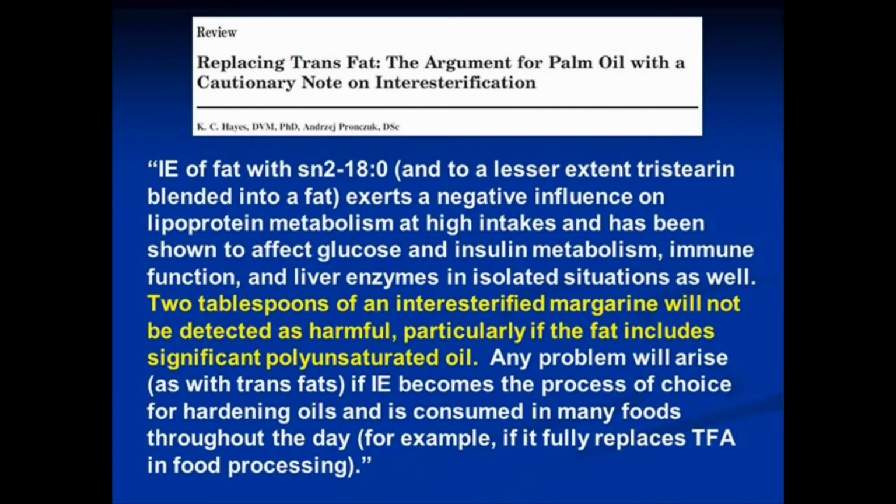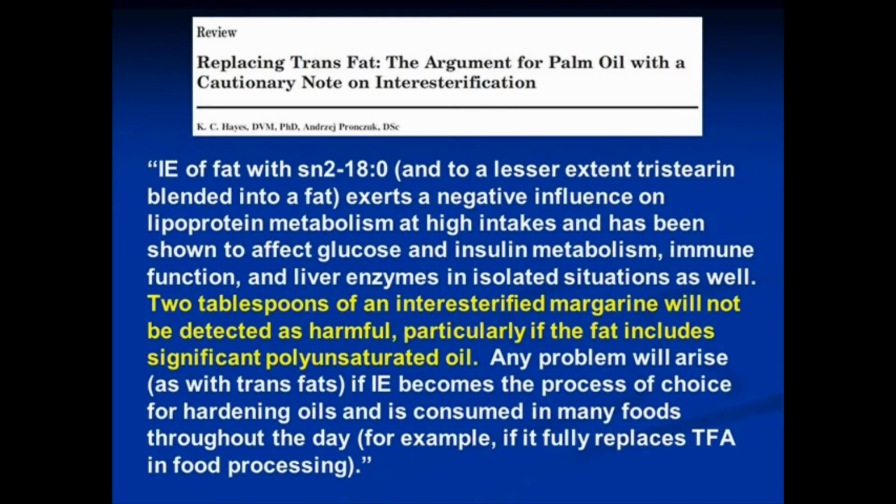If you look at the energy content that 2 tablespoons of margarine provides, a couple hundred calories in a diet that's maybe 2,000 calories, that's where I come up with about 10%. Not all that energy is going to be interesterified fat. And we're probably, again, in that range that we talked about, which would be the upper exposure. So we're probably not going to detect this as being harmful.